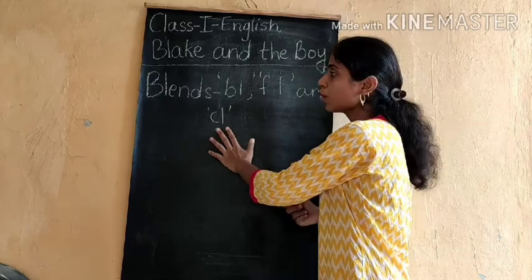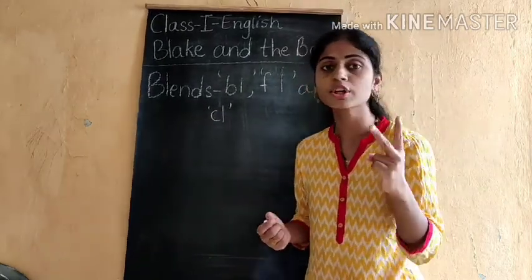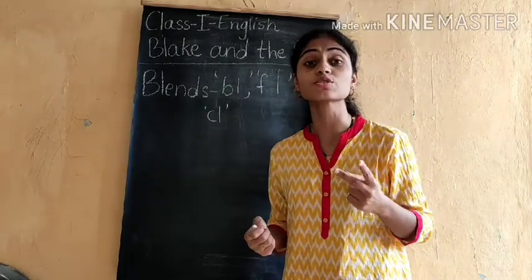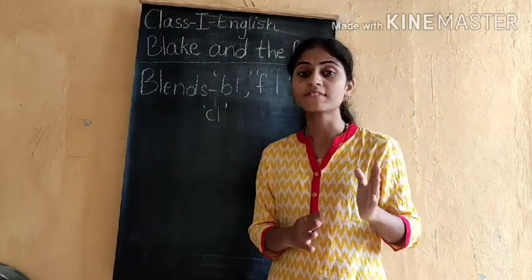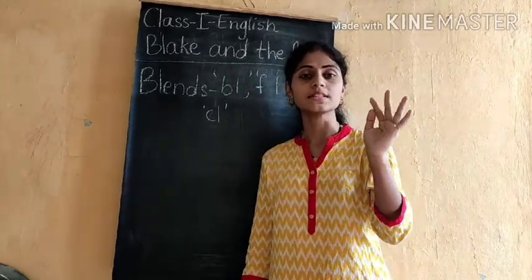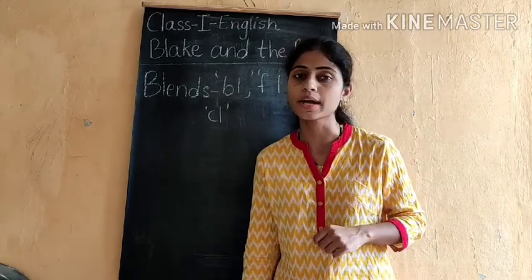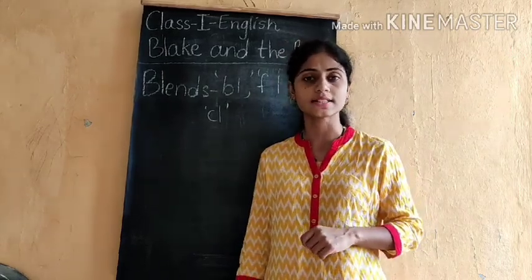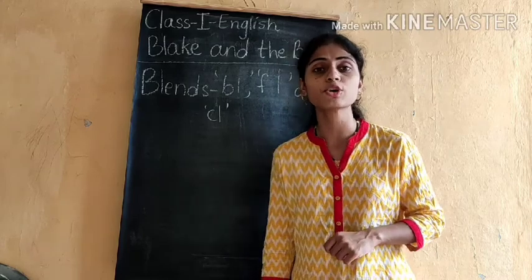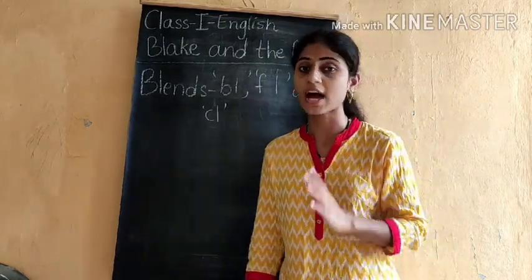Children, blends are nothing but mixing of 2 consonant alphabets. Now you will ask me what is a consonant. You have alphabets from A to Z, like A, B, C, D, E, F, G, H, I, J, K, L, M, N, O, P, Q, R, S, T, U, V, W, X, Y, Z. These are your English alphabets.